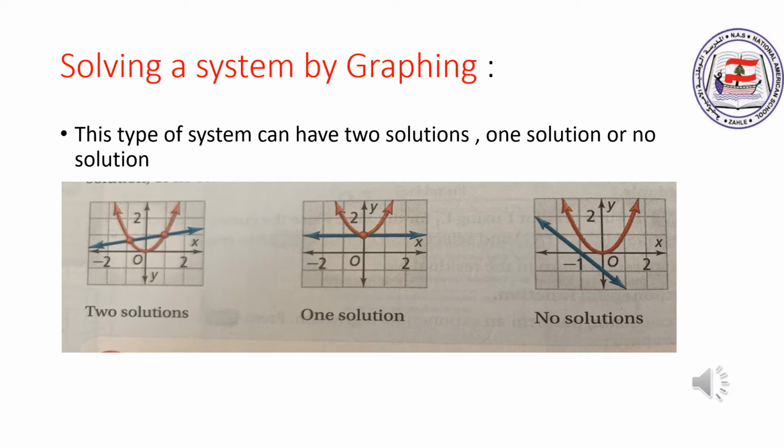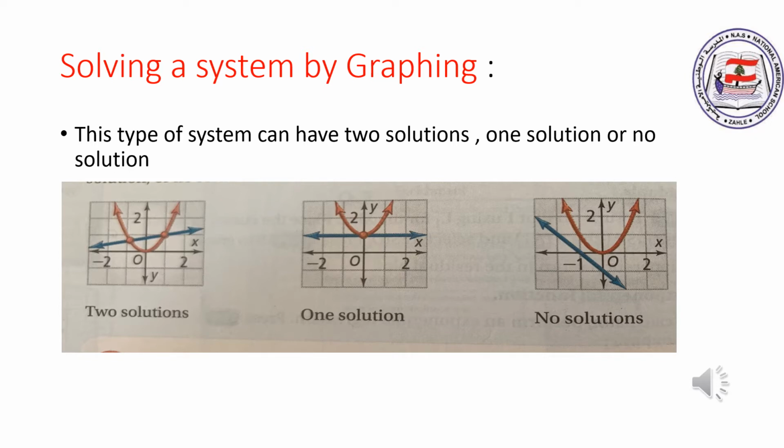When we solve such a system, we can find either a graph where the straight line cuts the curve at 2 points, and we say that we have two solutions. When the straight line cuts the curve at 1 point, we say that we have one solution.